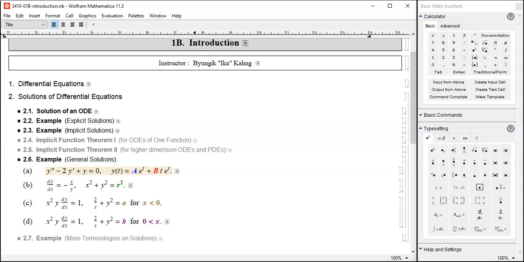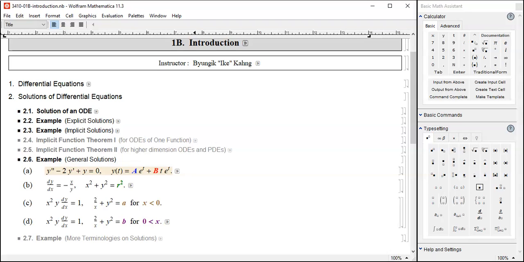This is an example of a second-order ordinary differential equation with the general solution here, and we have two constants, capital A and capital B, which are highlighted in blue and red respectively, and these can be arbitrary.